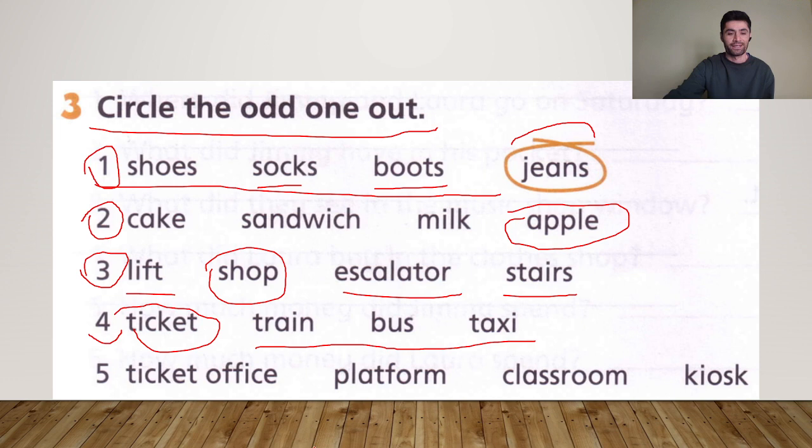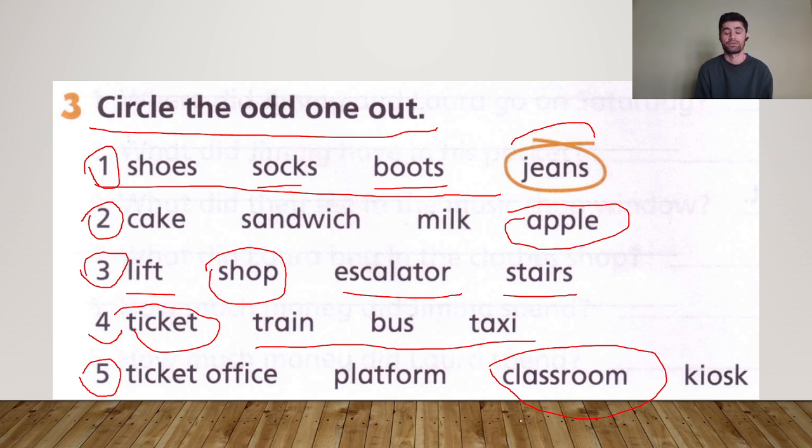Correct. And the last one, line number 5, how about you? Yes, correct. Very good. Classroom doesn't really belong to this category, right? We have ticket office and platform and kiosk.